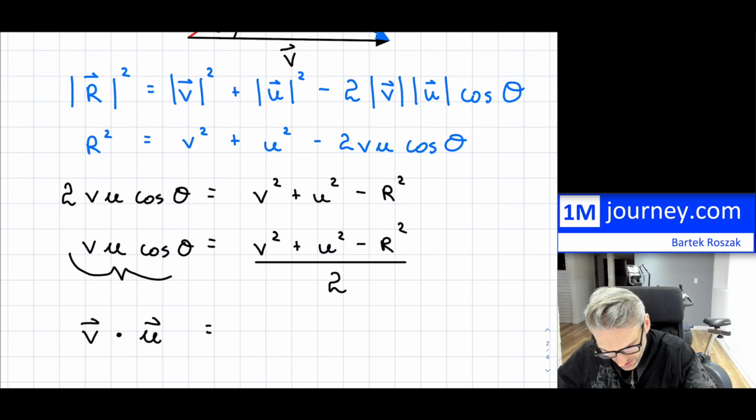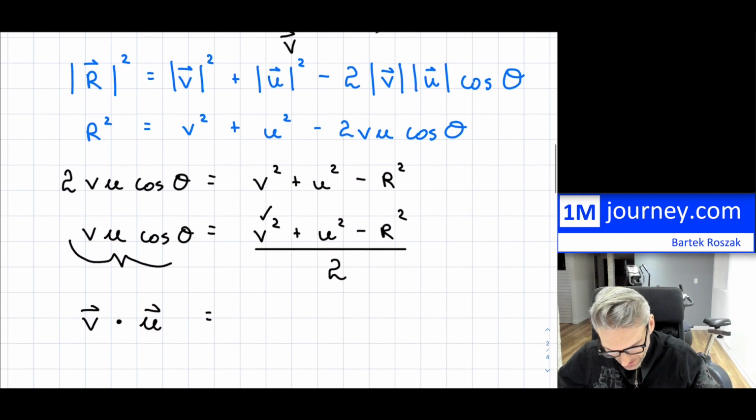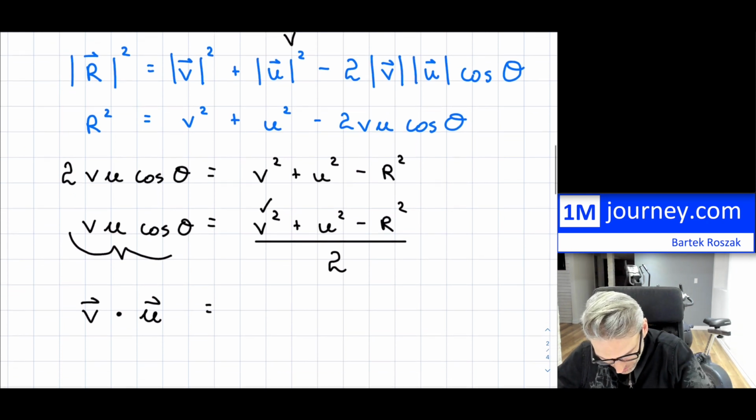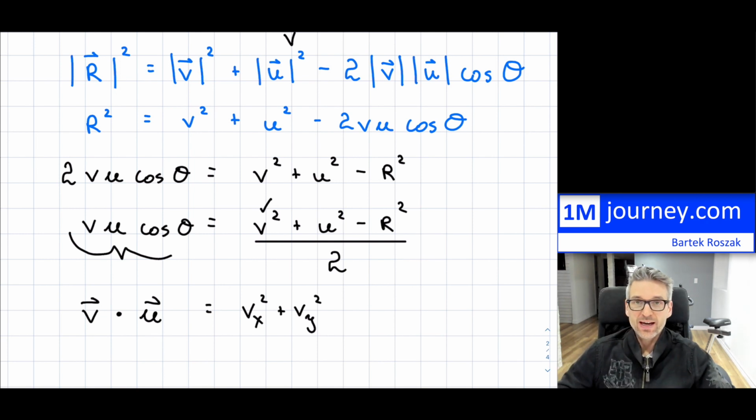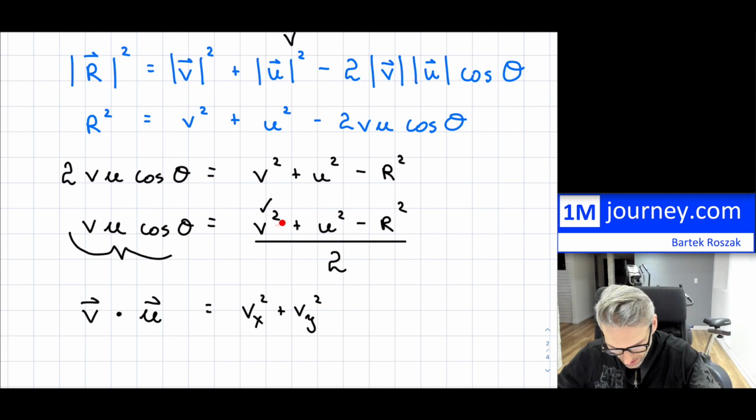Now I know what the actual magnitude squared of v is. The magnitude of v is nothing else but its components. So this is going to be vx squared plus vy squared, and then the square root is the magnitude. But because I'm squaring it right here, that square root falls apart.